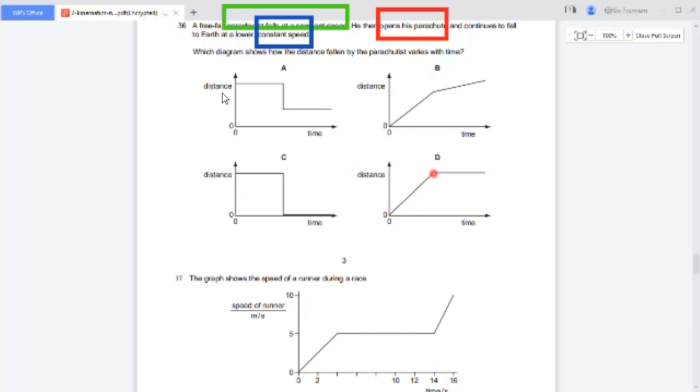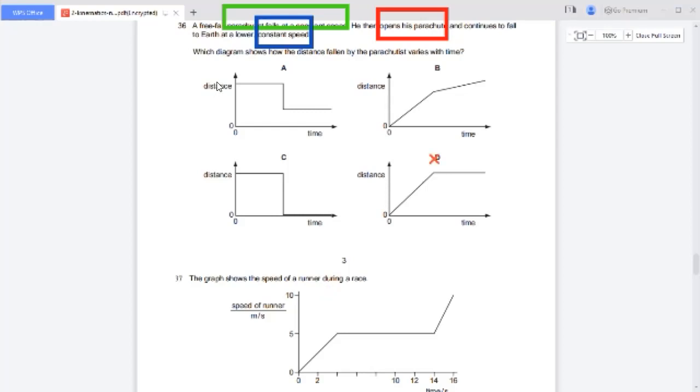Then after this, the distance is not changing. It means the object is in a state of rest. You can see time is passing, the time is increasing, but the distance is not changing. Distance not changing means the object is at rest. So when a parachutist is falling, it would be in a state of motion.